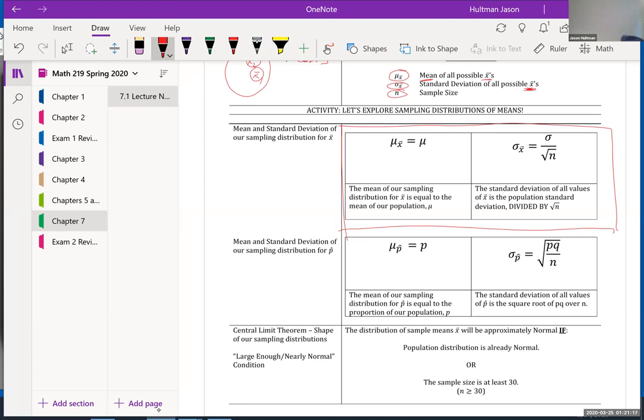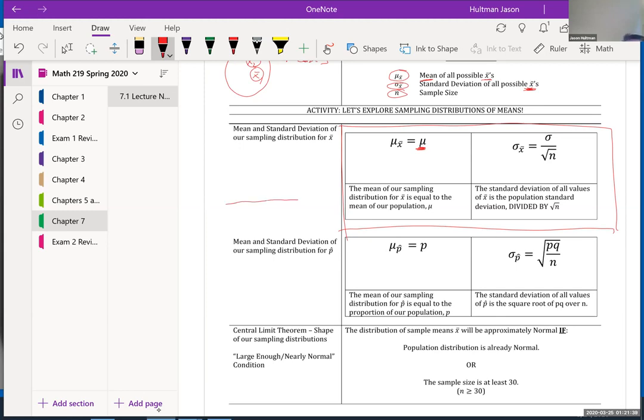So the mean of our sampling distribution, if I do this process of taking samples and samples and samples, all of the same size, then the mean of our sampling distribution is going to be equal to the mean of the population.